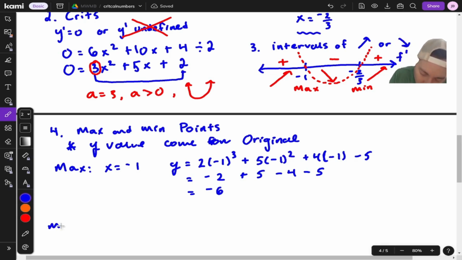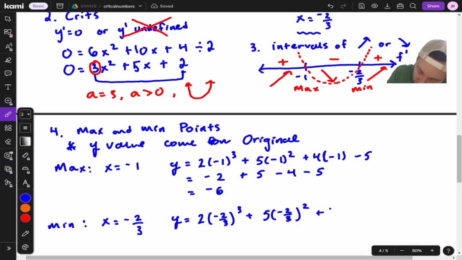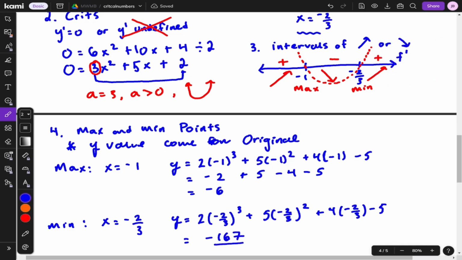So for the min, we're going to do the same. Now this min is not mental math friendly, so I'm just going to go through the motions with this one. So -2 times (-2/3) cubed plus 5 times (-2/3) squared plus 4 times -2/3 minus 5, and if you run the numbers on that, I got it written down here, so I got my notebook out, 163, not 67, over 27.